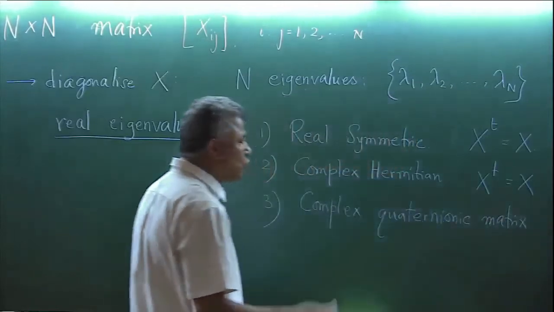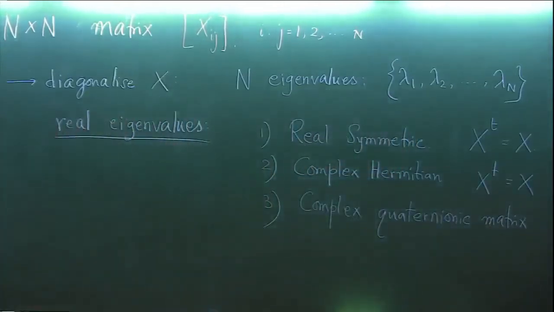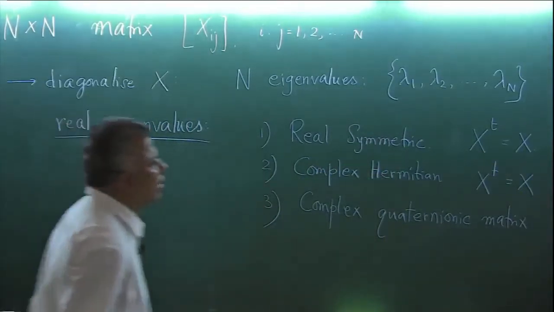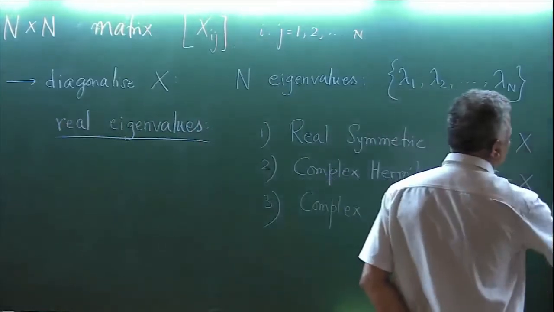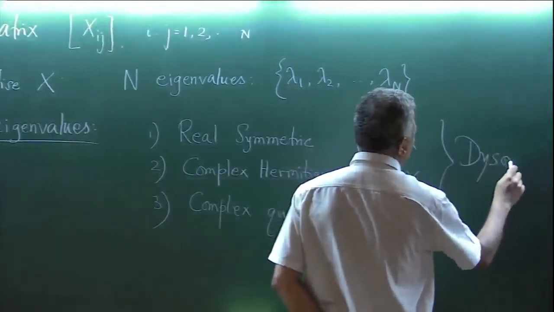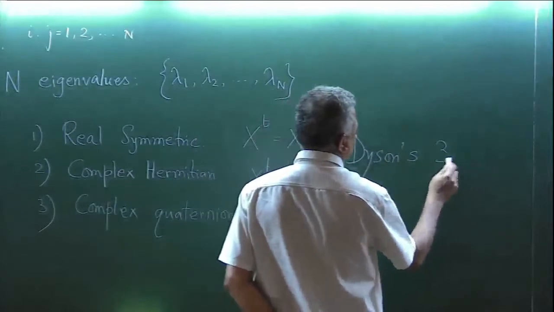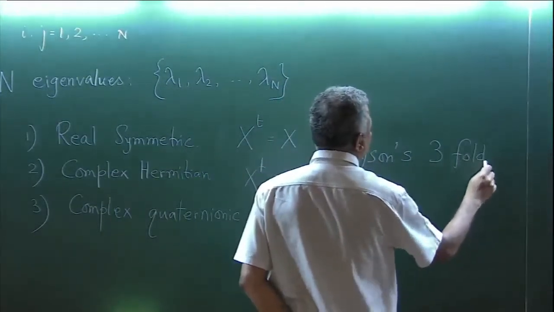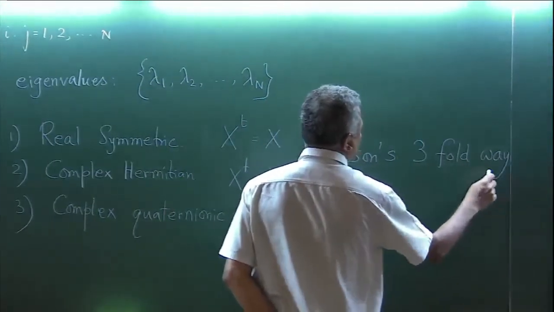These are called self-dual matrices. These are the three classes for which the eigenvalues are known to be real, and they are called Dyson's threefold way. Dyson is a person who studied matrices quite a lot.